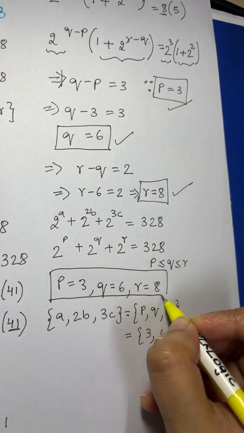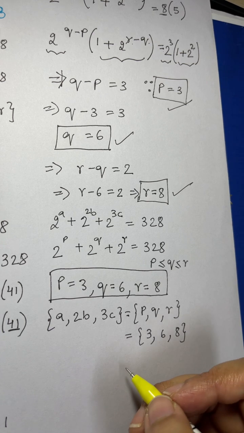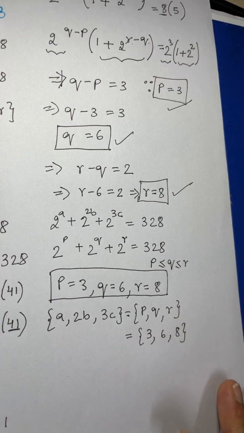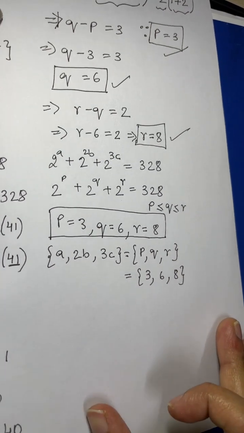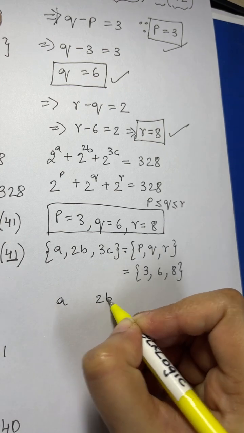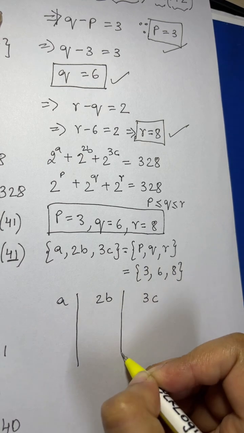Is that right? Now we have to write the ordered pairs. If you can try to find the values of a, 2b and 3c, let's just write the values.